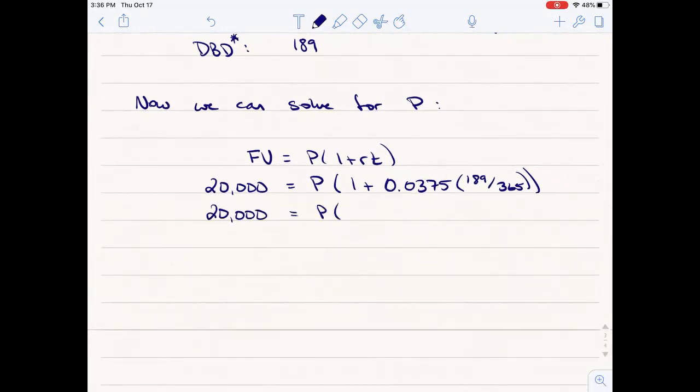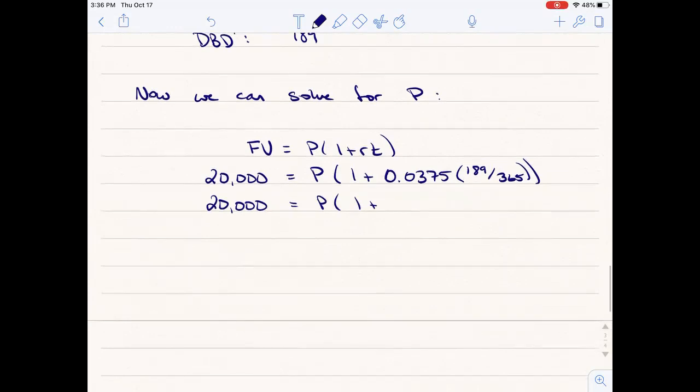20,000 is P times 1 plus, and then I'll solve 189 over 365, and then times 0.0375. Remember, you have to deal with that multiplying and dividing cluster first, right? BEDMAS, multiplication, division, that's dealt with first, and then we can add the 1. That's going to be really important.